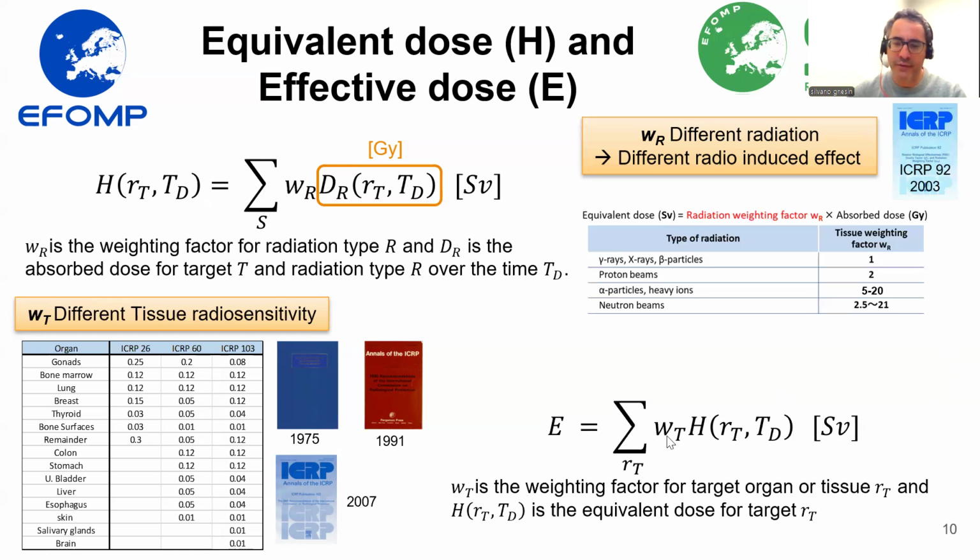These factors can also change with the knowledge that we have from radiobiological studies and population studies. As you can see here, between 1975 and 2007, these values changed for different tissues according to the knowledge. And this is also expressed in sievert.